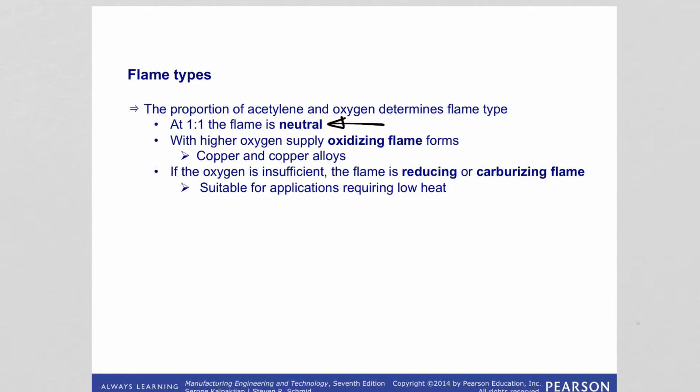There are higher ratios, with a higher oxygen supply. That's what we call an oxidizing flame, which is hotter than the neutral flame, similar in appearance. Such flames are used in welding of copper and copper alloys, because in those alloys a thin protective layer of oxides forms over the molten metal.